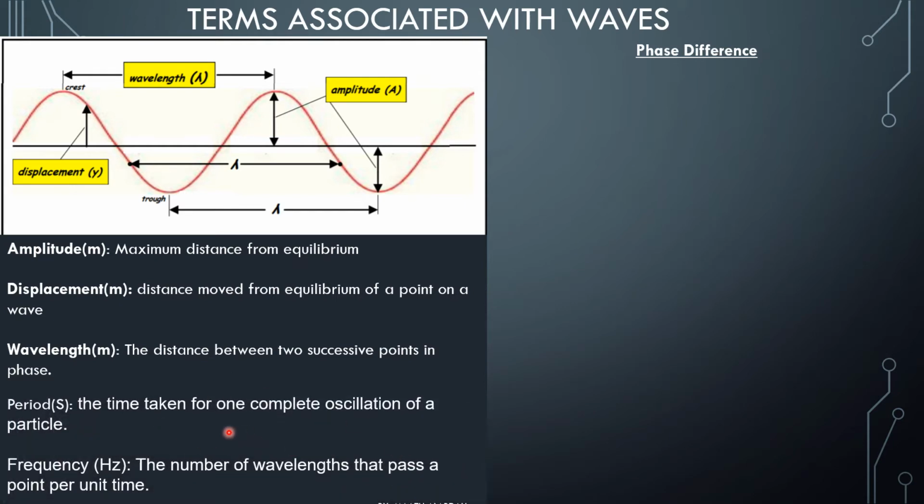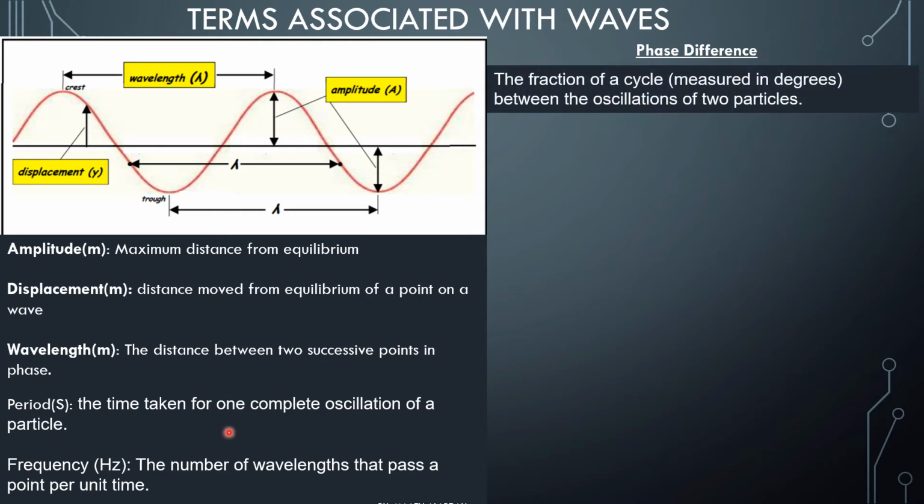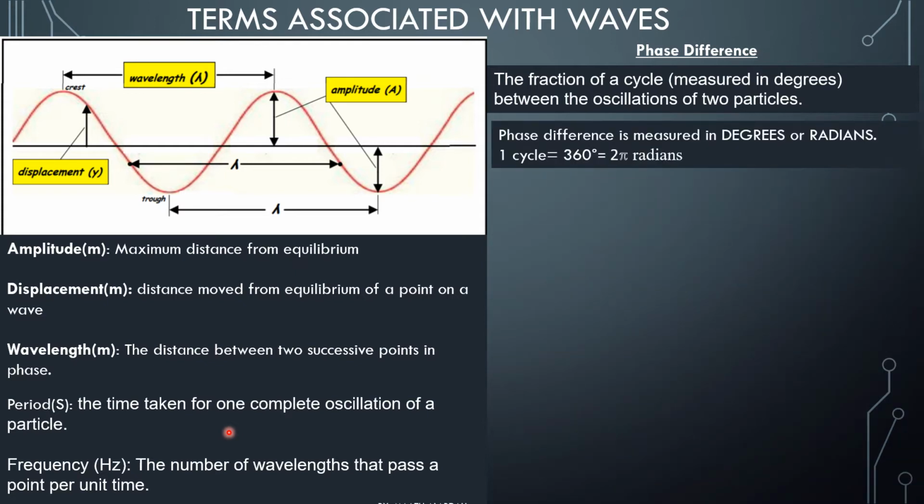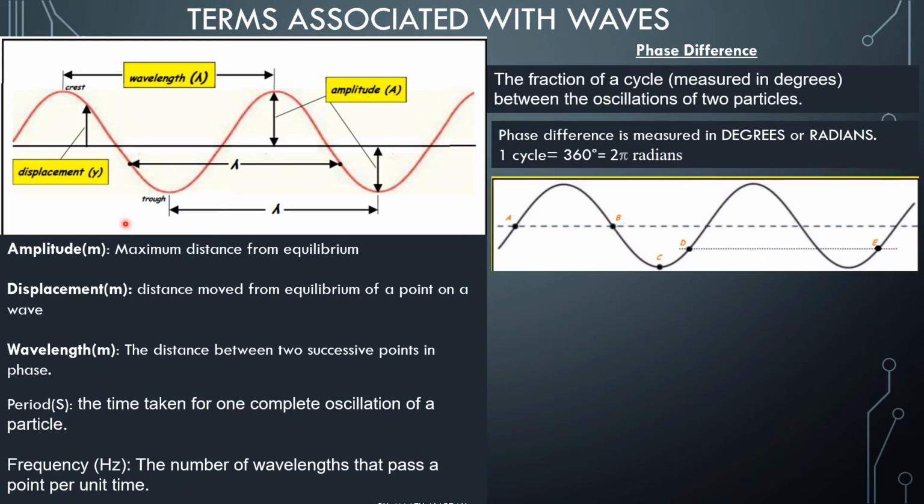Period is the time taken for one complete oscillation of a particle, and frequency is the number of wavelengths that pass through a point per unit time. Phase difference is the fraction of a cycle, measured in degrees, between the oscillations of two particles. It can be measured in degrees or radians, so one cycle is 360 degrees or 2 pi radians.